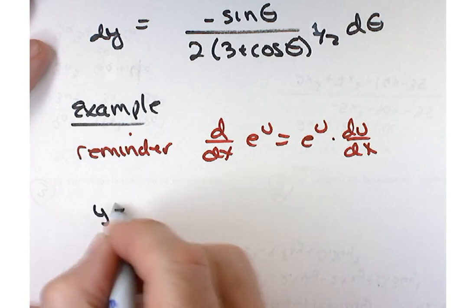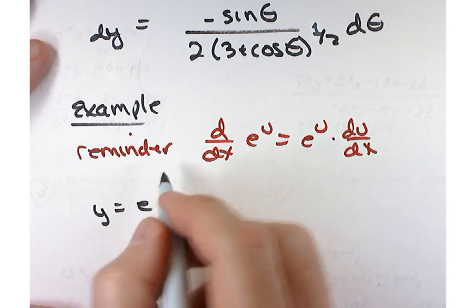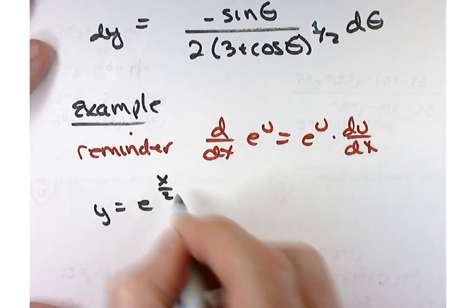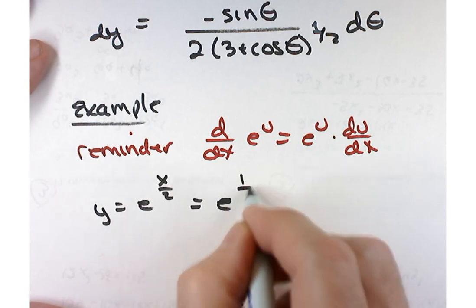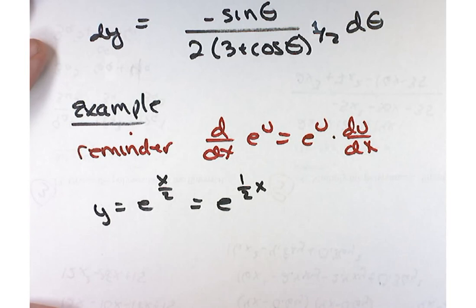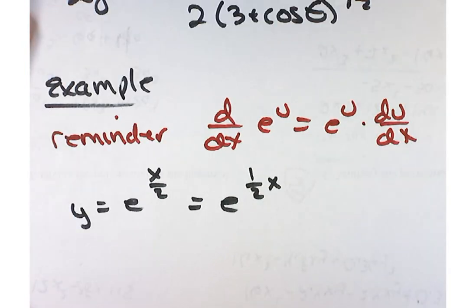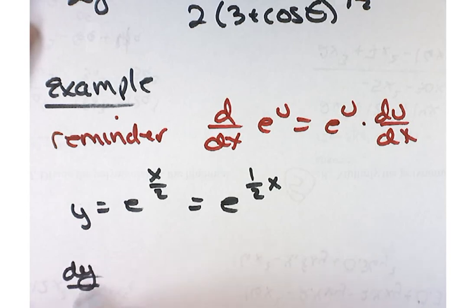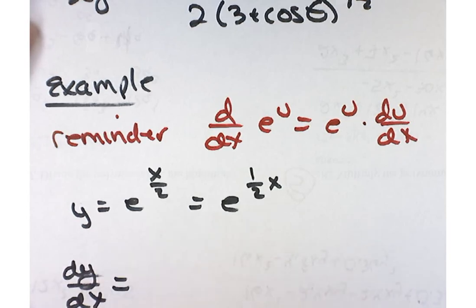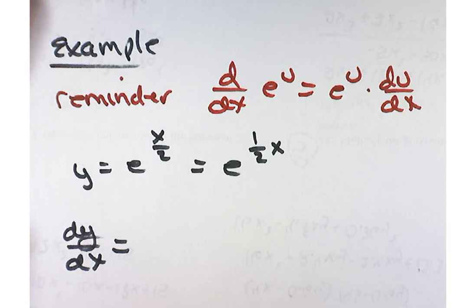In our case, it's e to the x over 2. You might also want to write that as e to the 1/2 x. That way, hopefully you won't be tempted to use the quotient rule when you differentiate this. It's just derivative of a constant times x. So go ahead and try and race me. Write down what the derivative with respect to x is going to be.